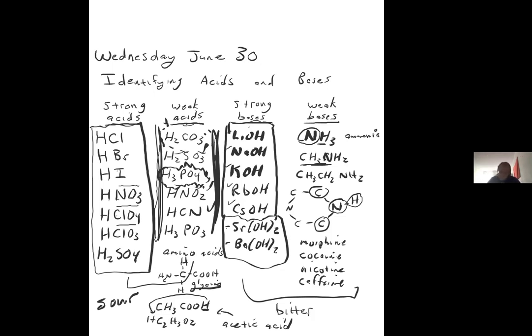So let me show you an example from Alex. What they do in this one is they give you 4 different compounds, and then you have to determine whether they're ionic, molecular, acid, or base.